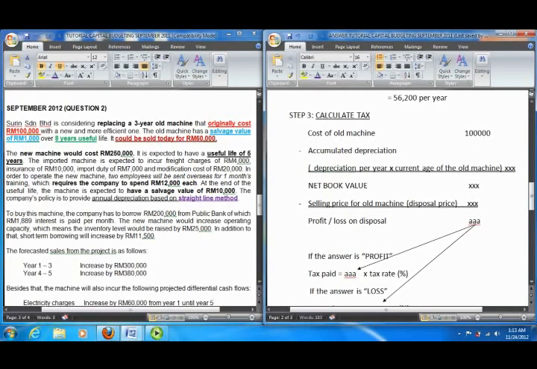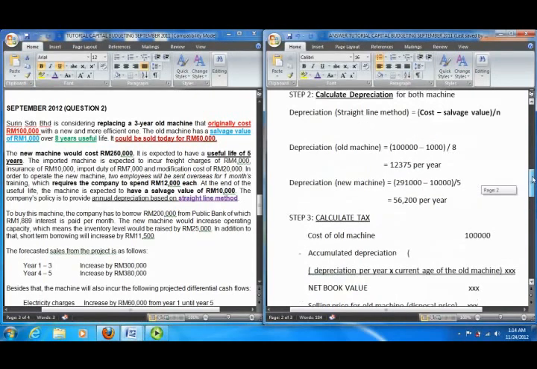Alright, class, based on the formula, depreciation per year for your old machine. Accumulated depreciation for your old machine. Based on your step 2, depreciation for old machine is 12,375.